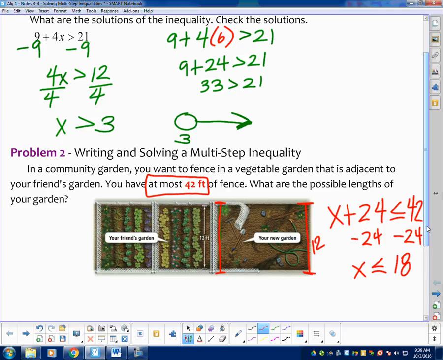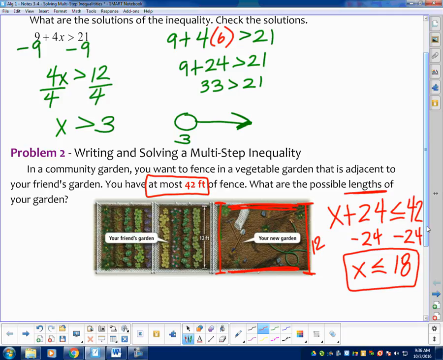Yeah, so the length, I know this will tell me that I can use anything 18 feet or less, right? For this length up here. I've got 18 feet to use here.